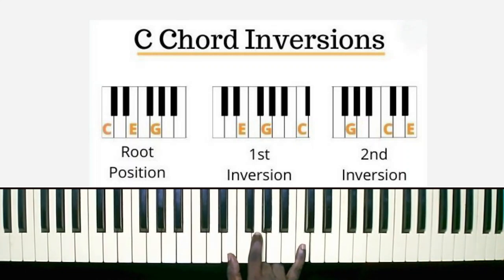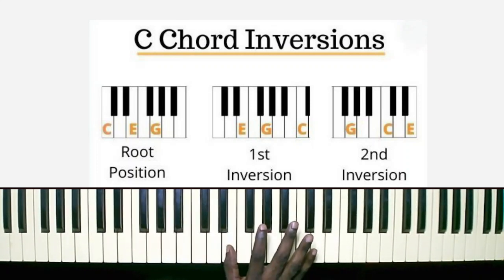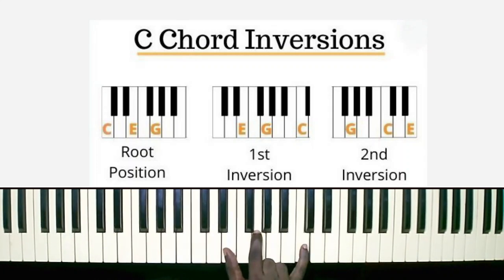So as you can see in the picture, we have E, G, C. The root form is C, E, and G. Now we move this C here. So we have E, then we have G, and we have C. Okay. So this is the first inversion.